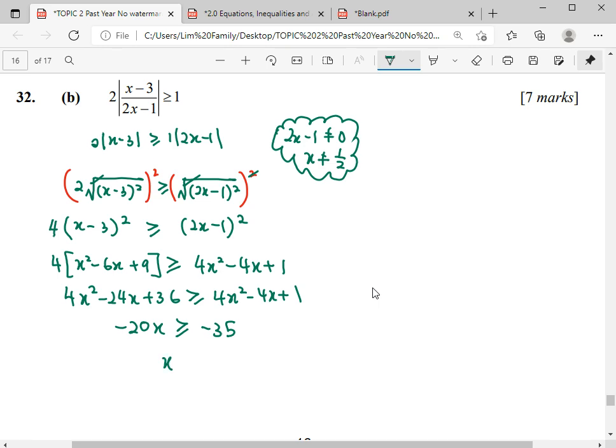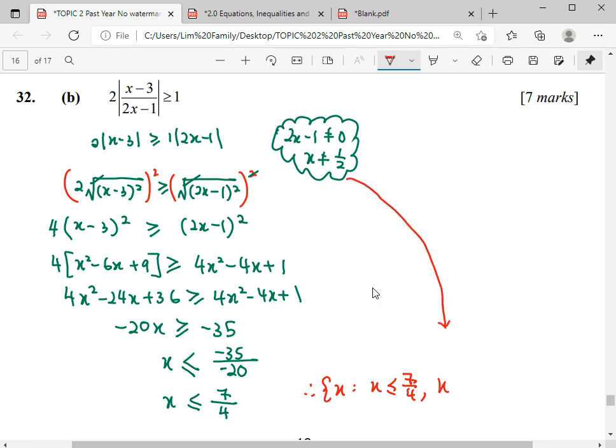When I divide by negative 20, it is a negative value, so I need to change the sign. Simplified, this becomes 7 over 4. So finally our answer will be x less than 7 over 4. And don't forget, our x cannot take the value of 1 over 2. That will be our final answer.